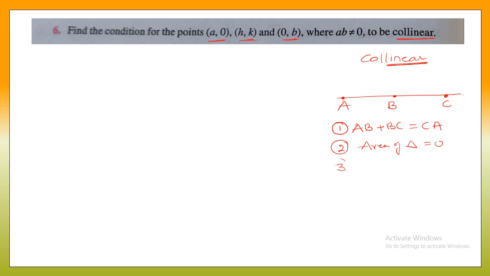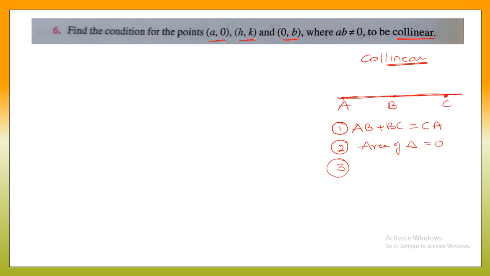Next, there is one more approach. See, AB is forming one straight line, right? With BC also we can form a straight line. If you observe these straight lines, they are coincident lines. Every line is parallel to itself. So from this I can say line AB and line AC are parallel to each other, right?